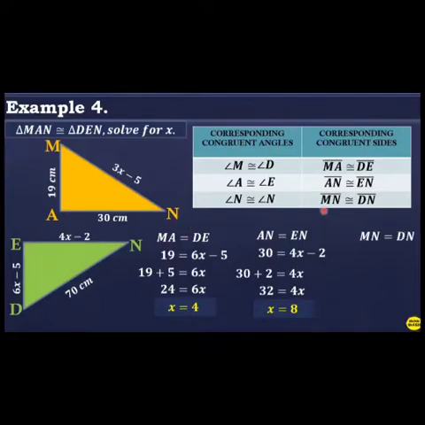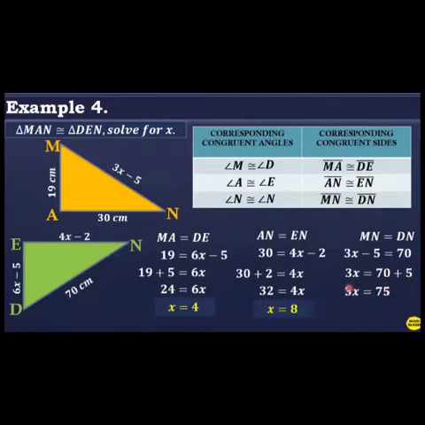So, MN is congruent to DN, so therefore, they are equal. So, ito si MN, so we have 3x minus 5, and then ito si DN, which is 70. So, let us solve. 3x is equal to 70 plus 5. So, we have 3x is equal to 75. Divide both sides by 3.